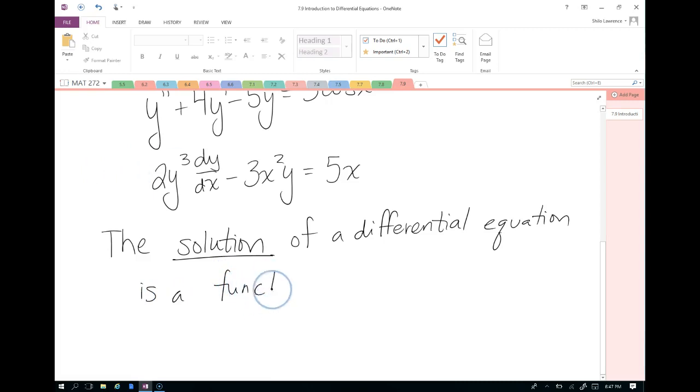It's not like algebra when we solved equations in algebra and our solution was always x equals a number. So in differential equations, the solution is going to be a function. We very often call it y of x because y is the dependent or output variable and x is the independent or input variable.